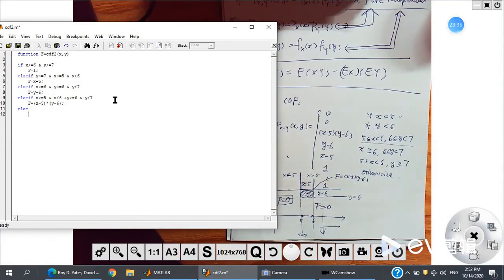Then else, f must be just 0. All the rest is 0. So this gives us the function f.